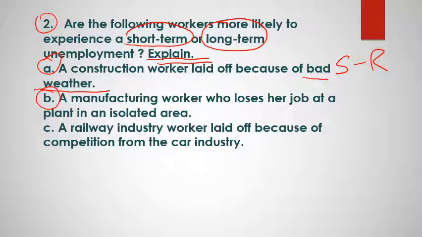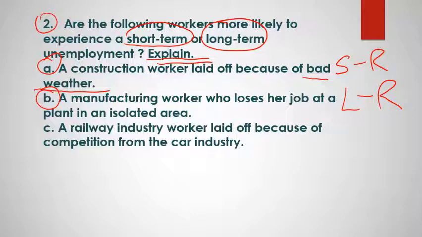B, a manufacturing worker who loses her job at a plant in an isolated area. Well, this seems to lean more towards the long run or long-term unemployment. You lose your job in an isolated area.